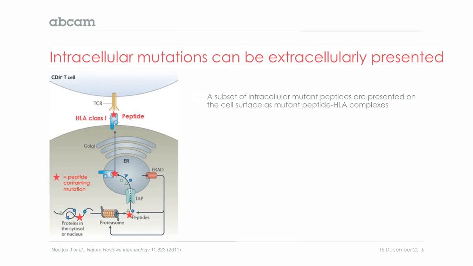surface. So it turns out that it's been shown in cancer patients that many of them have anti-cancer T cell responses, and that they have T cells with TCRs recognizing these mutant peptide-HLA complexes. And this can be protective against cancer. However, the tumor microenvironment tends to be very immunosuppressive.